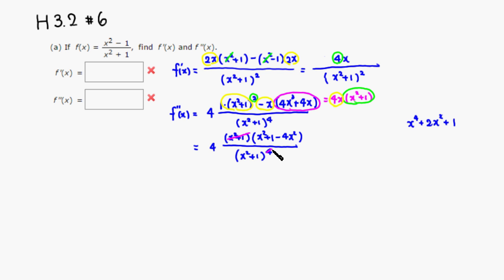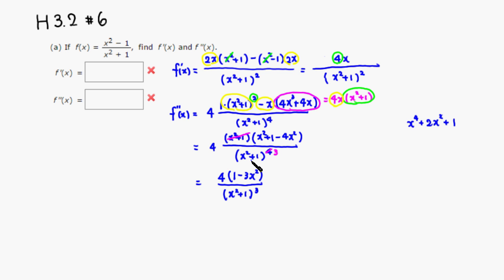So I'm going to scratch 4 and put 3 because one of them cancels out. Then we can clean up a little bit. You're going to have a 4 on top, and 1 minus negative 4x squared, and the x squared will be negative 3x squared, over x squared plus 1 cubed.